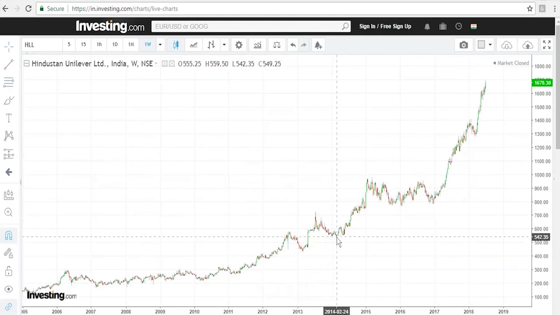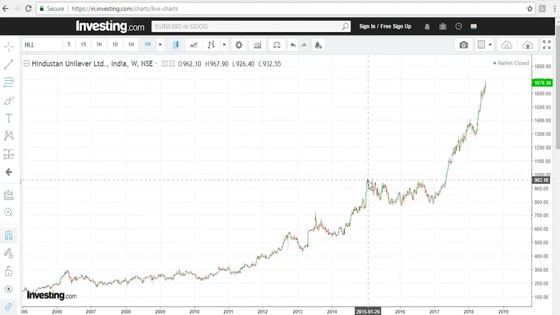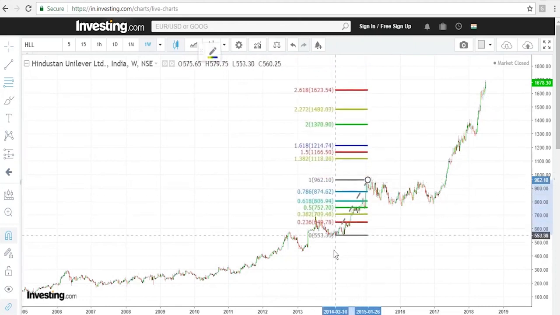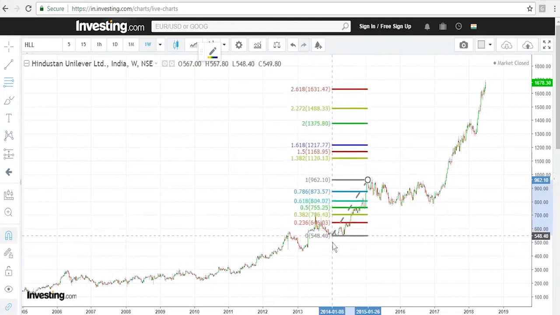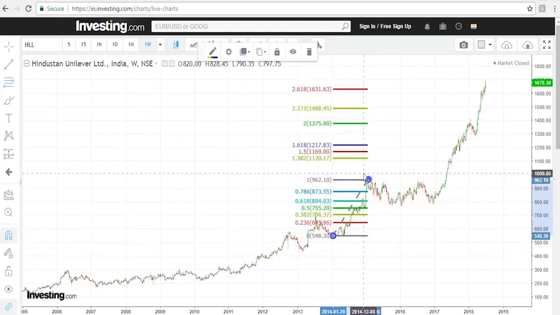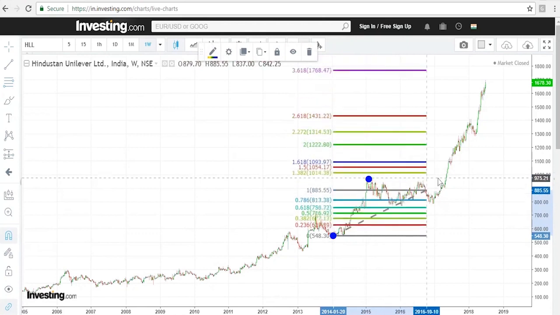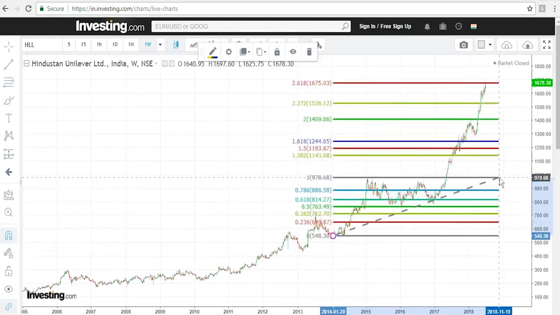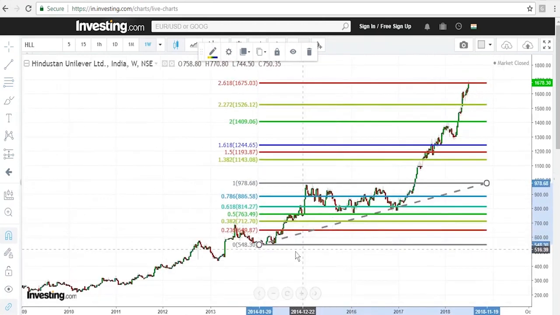So what happened is that if I had drawn this line, this is the projection that we are drawing. These lines are coming like this.